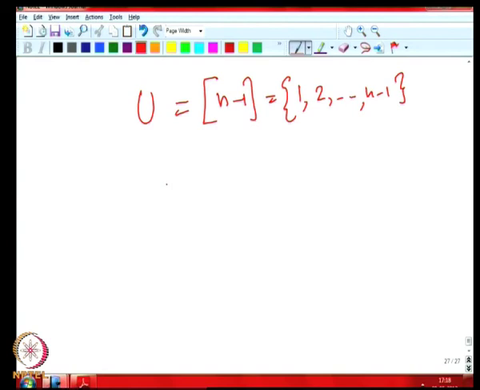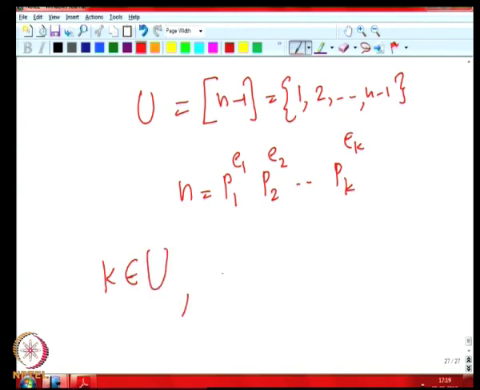What are the undesirable properties? Because our n is p1 raised to e1, p2 raised to e2, up to pk raised to ek, undesirable means a given number in the universe that is not relatively prime to n.